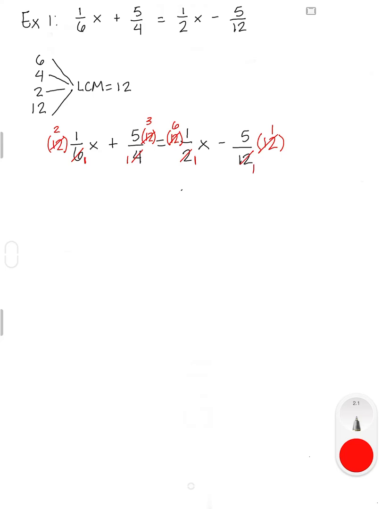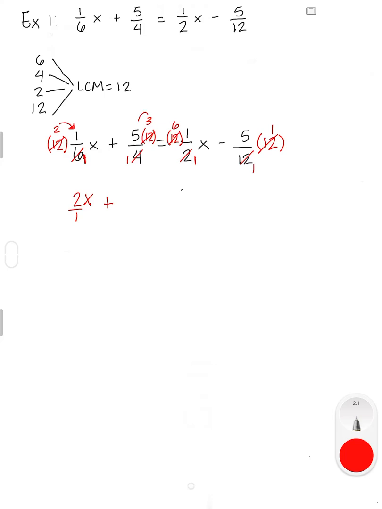So now we end up with 2 times 1, which is 2x, right? So we're going to keep the x. And then we can put over 1, since we still have that 1 with the 6, right?